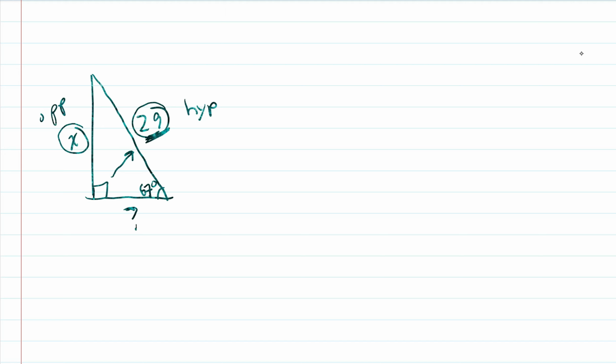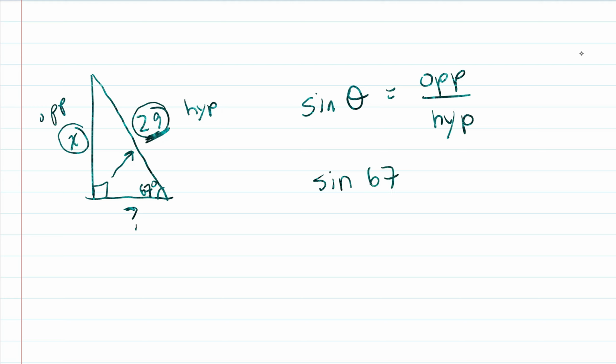So if you look at all the trig functions, sine, cosine, and tangent, sine theta was opposite over hypotenuse. Well, all we need to do now is plug in theta. Our theta is going to be that 67 degrees. The opposite side is x. We still don't know it, but we're going to know it soon. And the hypotenuse is 29.